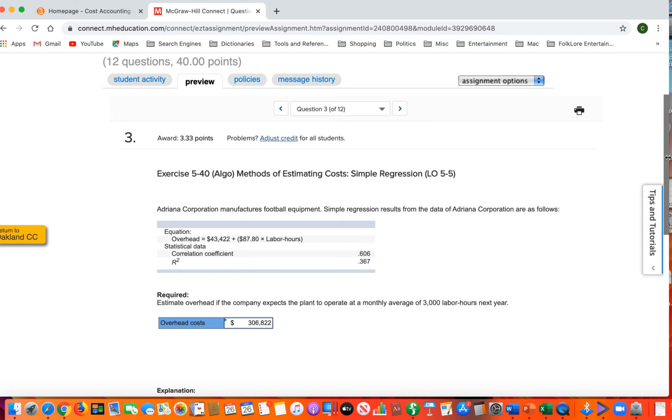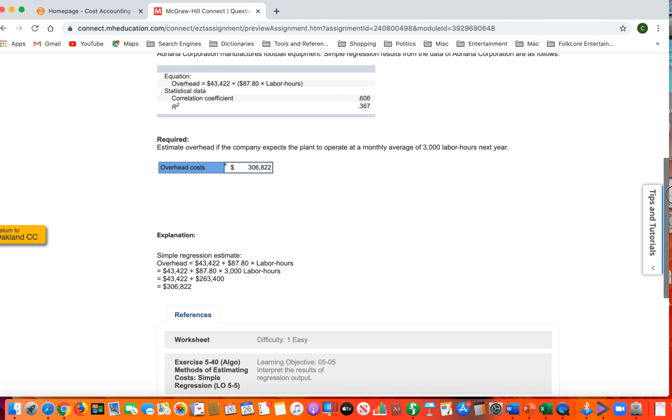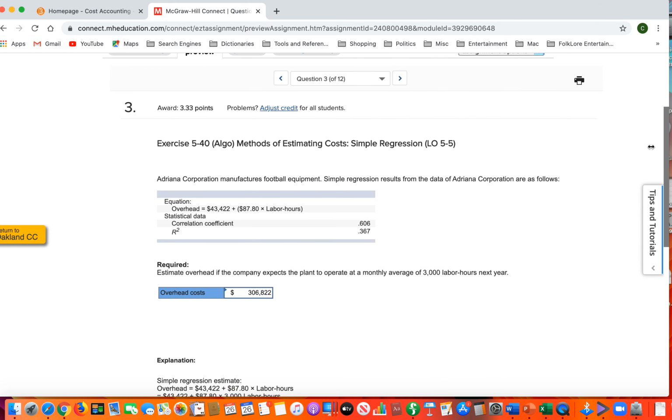Alrighty. So that's it, and another thing before we leave this page. Overhead is the dependent value. Labor hours is the independent value. Y, again, y equals a plus bx. So y is the overhead.